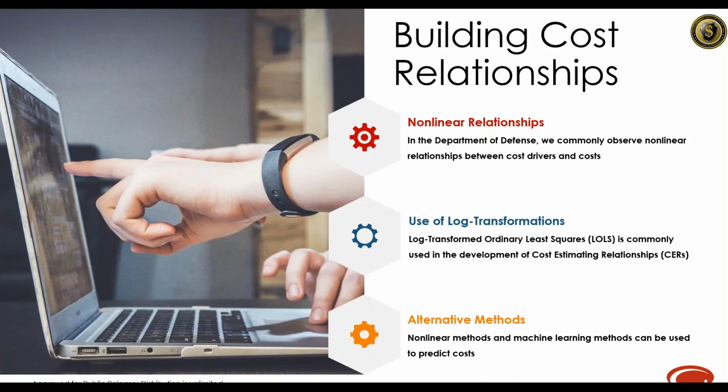So building cost estimating relationships, let's talk about that a little bit. In the Department of Defense, NASA, aerospace, there are a lot of different data sets that we use. We typically observe non-linear relationships between cost and what are sometimes called covariates or cost drivers, like weight, technical parameters, and programmatic parameters.